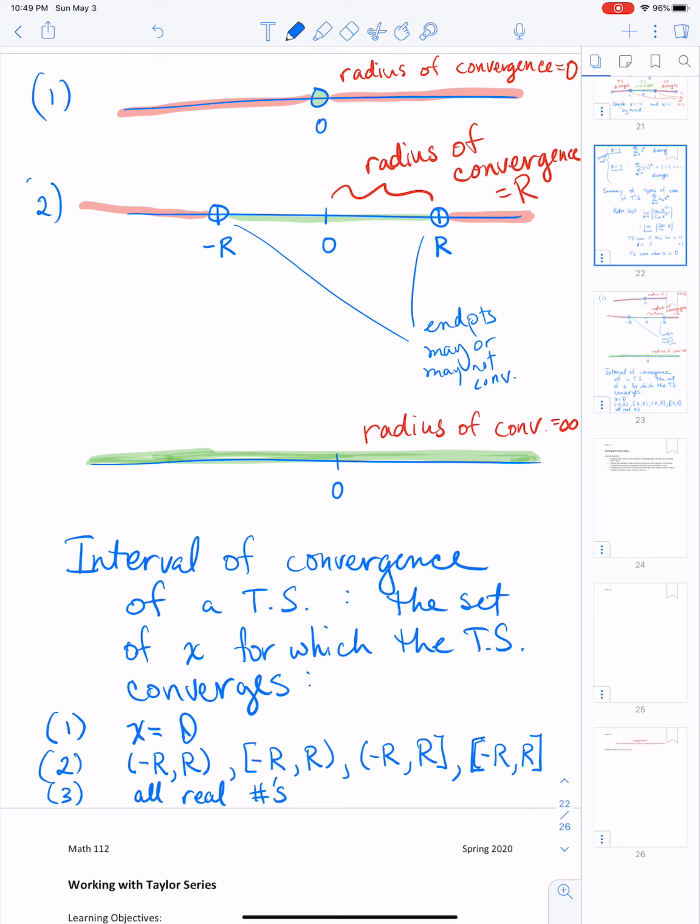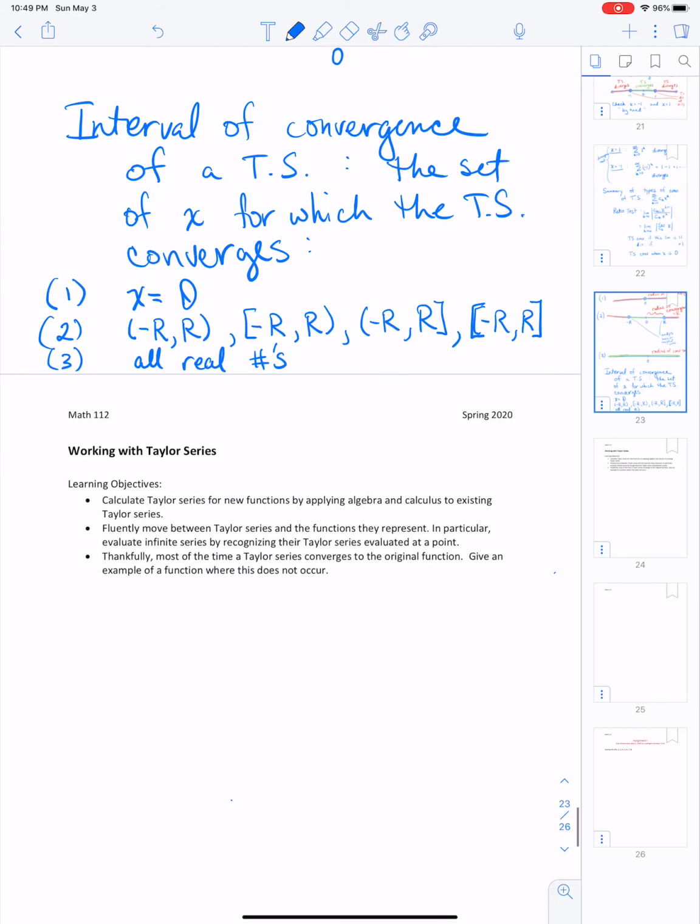So here's scenario 2, and here's scenario 3. And in scenario 2, only one of these 4 possibilities would be true, and you would individually test the endpoints to decide which one.